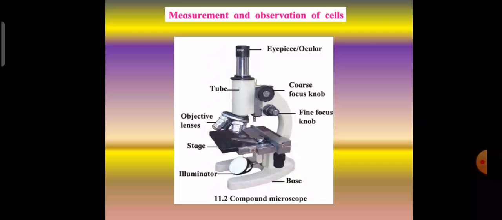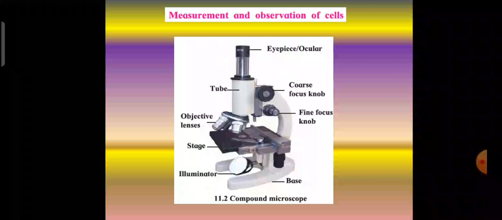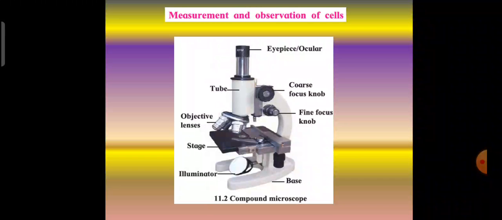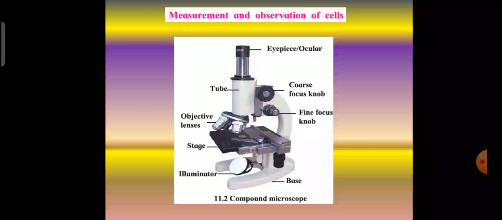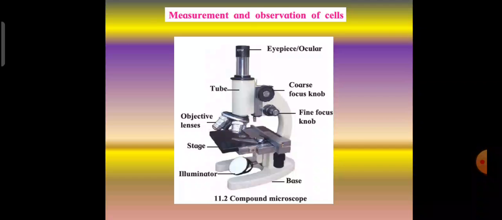They may increase it 10 times, 100 times, or 40 times. So there are various powers. Even 100 times they can increase the size of the object. And of course, then you'll be able to visualize it with your naked eyes.